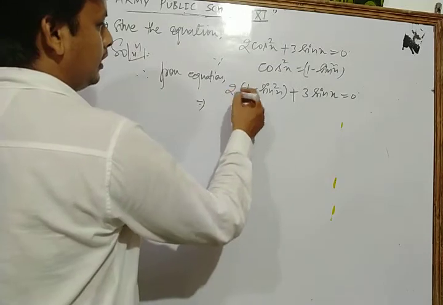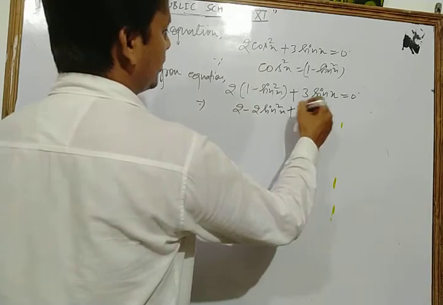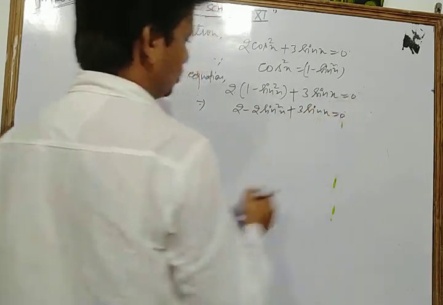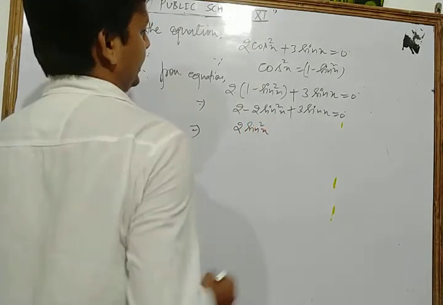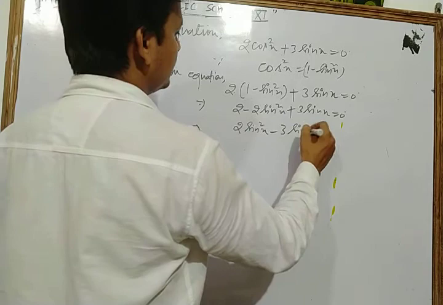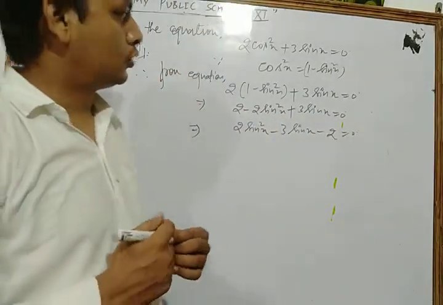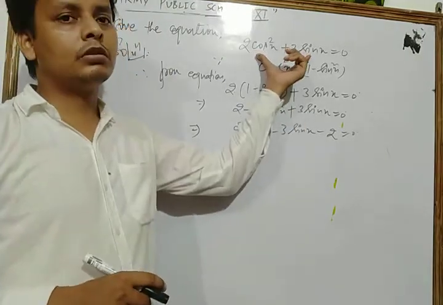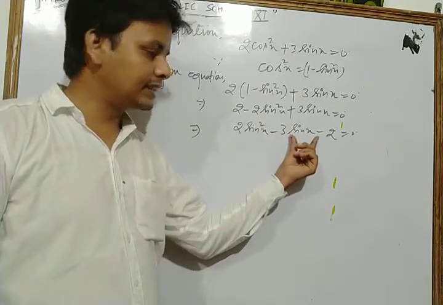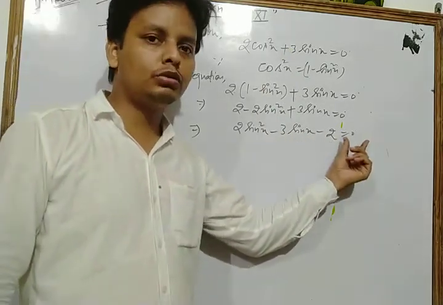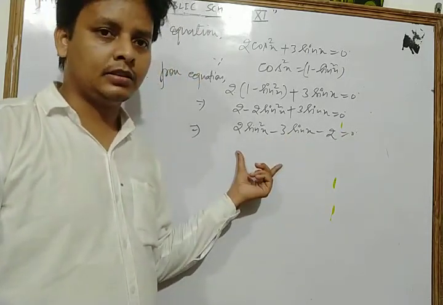So we have 2 minus 2 sin square x plus 3 sin x is equal to 0. Now transferring that side, we get 2 sin square x minus 3 sin x minus 2 is equal to 0. So dear students, we reduce that trigonometry equation to the form 2 sin square x minus 3 sin x minus 2 is equal to 0. Now let's see, this is a quadratic equation in sin x.